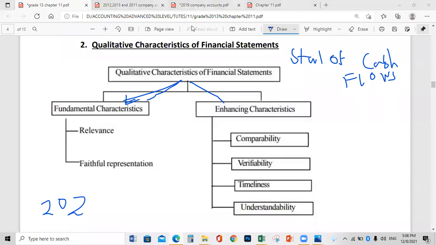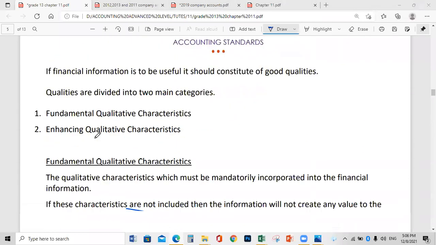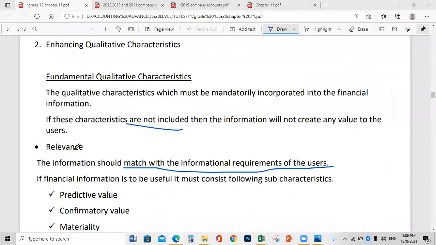These are mandatory, important to be there in the information. Fundamental is divided into two: relevance and faithful representation. What is relevance? It is where your information should always match the informational requirements of the user.